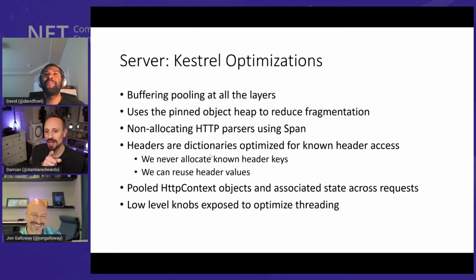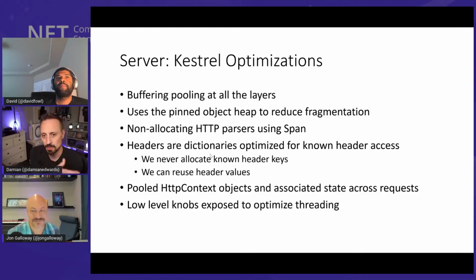So I think at this point it's worth drawing a line under a part of what you said. I think it's fair to say Kestrel, and ASP.NET Core by extension, has driven a lot of improvements in .NET Core, and .NET 5 plus now. Like from the network stack, we moved from a custom networking layer, which we talked about last time, to System.Net.Sockets.